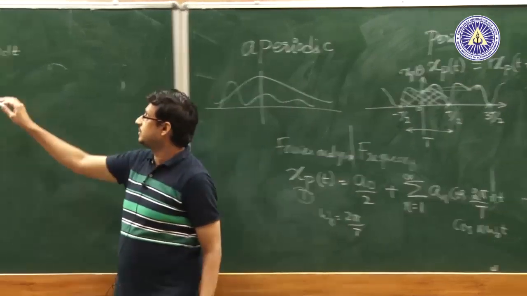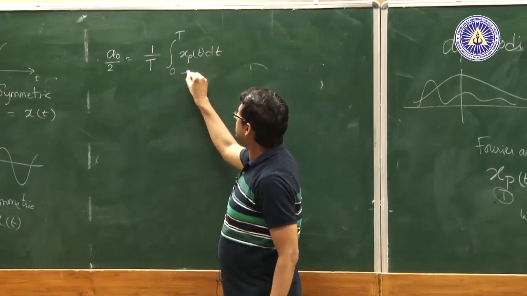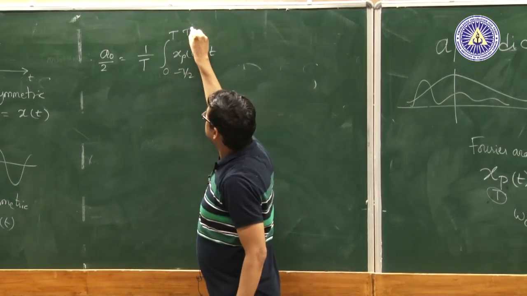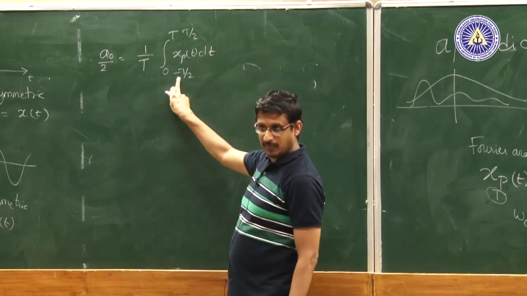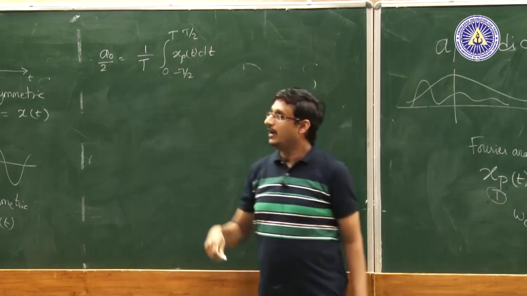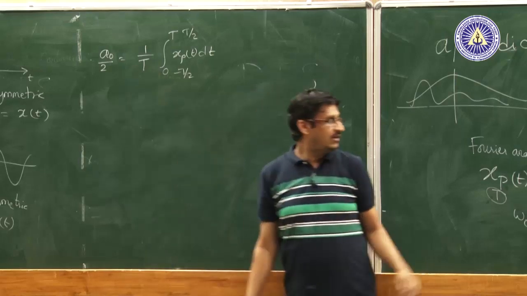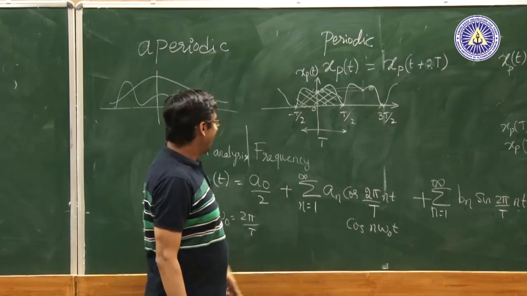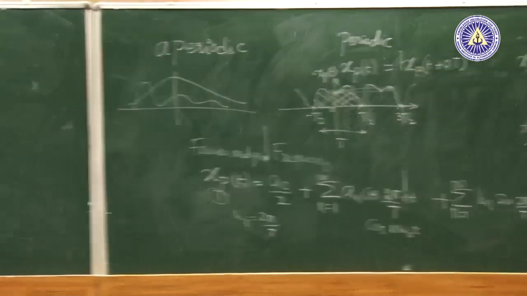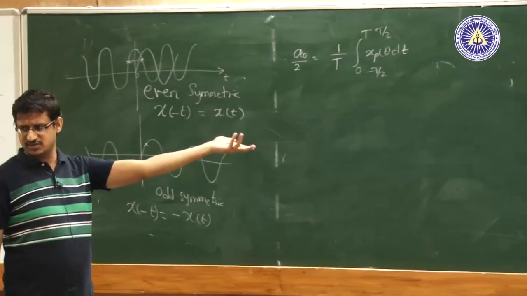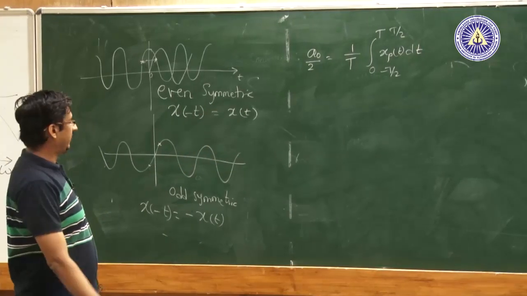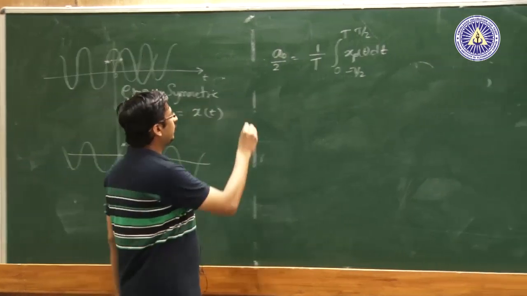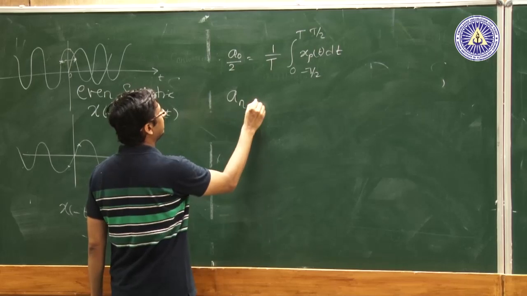I have written this from 0 to T, but any interval of duration T is equally valid. You could integrate from minus T by 2 to plus T by 2 and obtain the same thing. This is the DC or the average value, and we write that average value as a0 by 2. Sometimes it is also written as just a0, it depends on what you want to write. And you can find out what an and bn are.